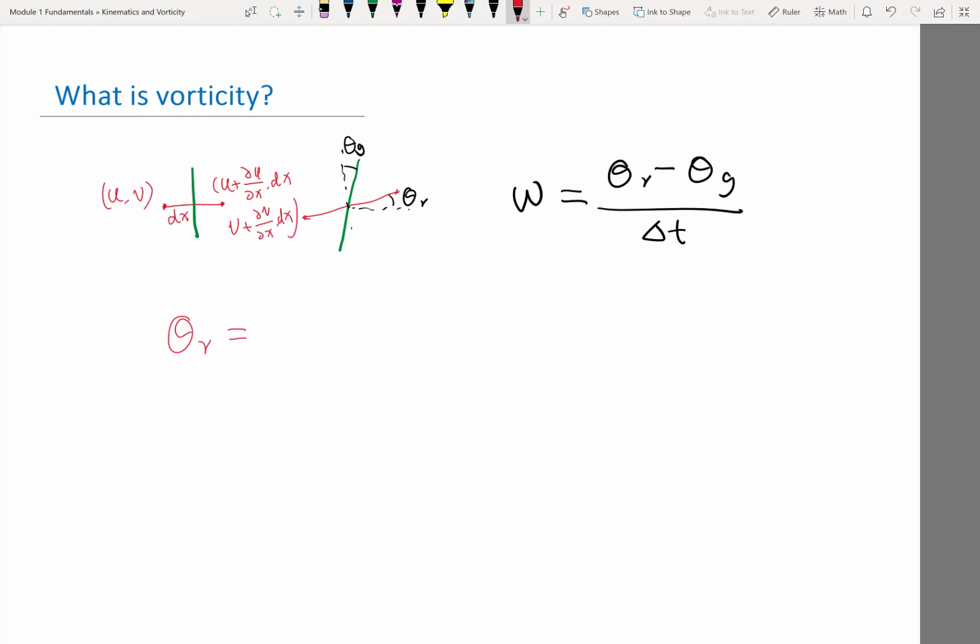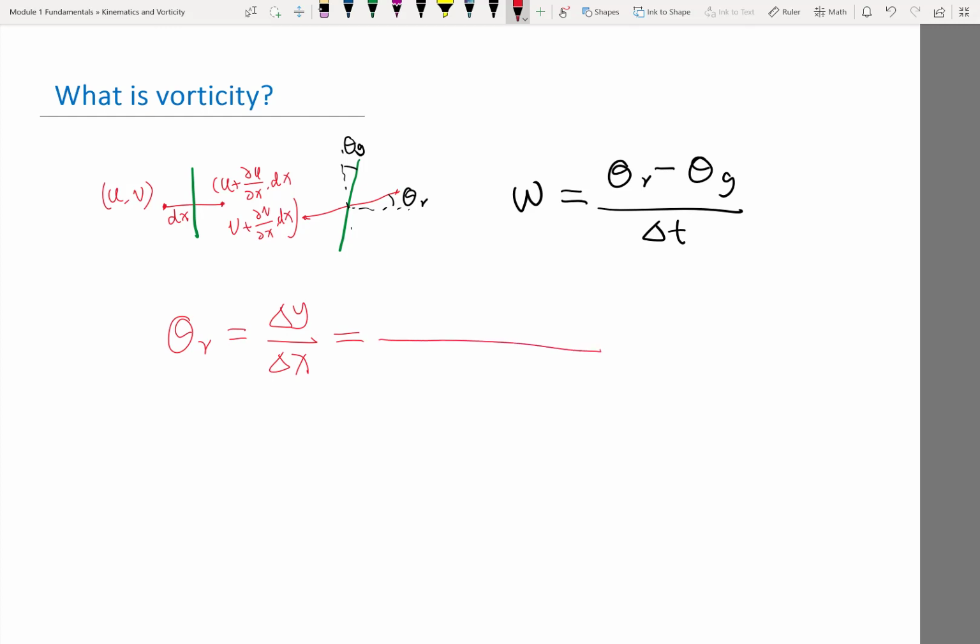And what is the delta y of this line? It is the y velocity over here times delta t minus the y velocity over here times delta t. That's a small angle approximation, because only a very small amount of time has passed.